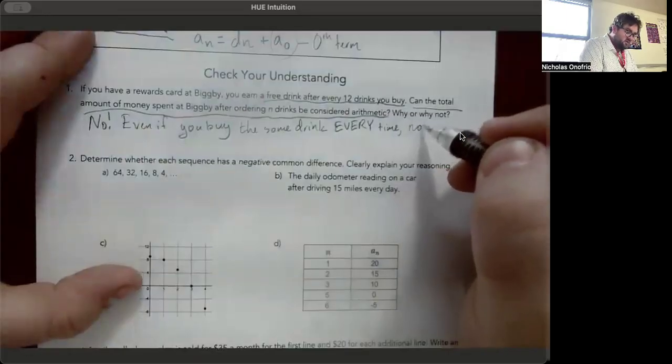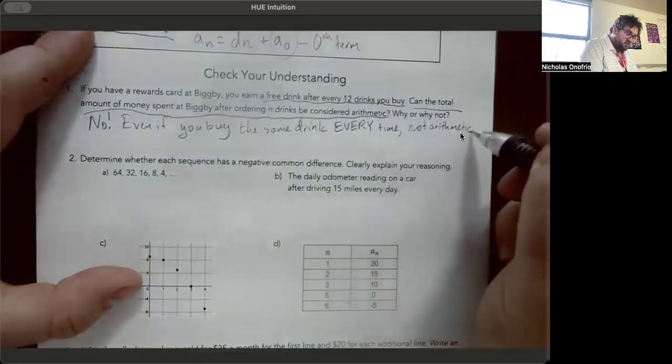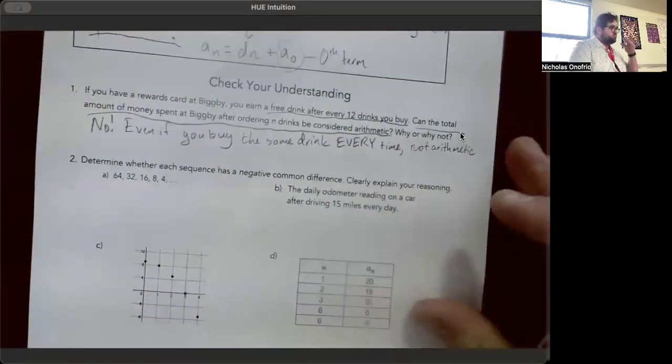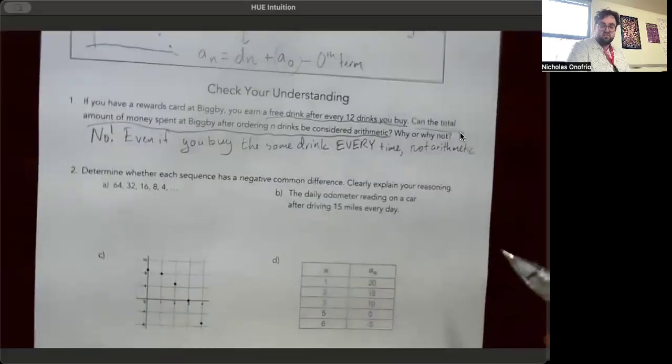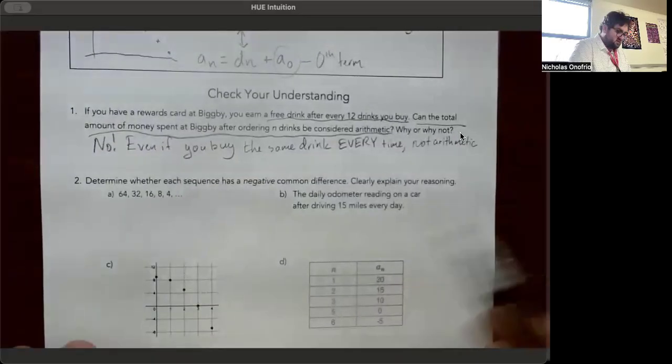This is not arithmetic, because even if drinks 1 through 12 cost $2 a piece, what's going to happen on drink 13?